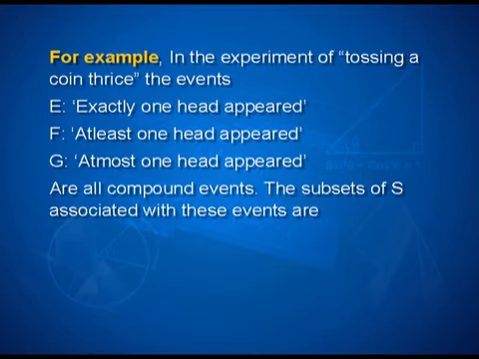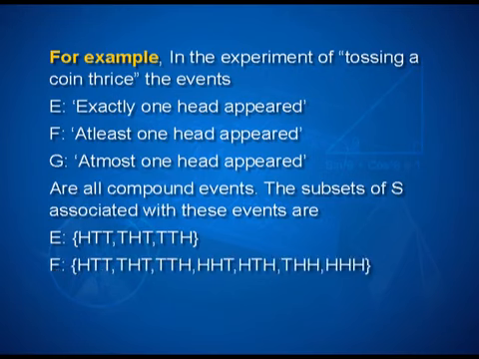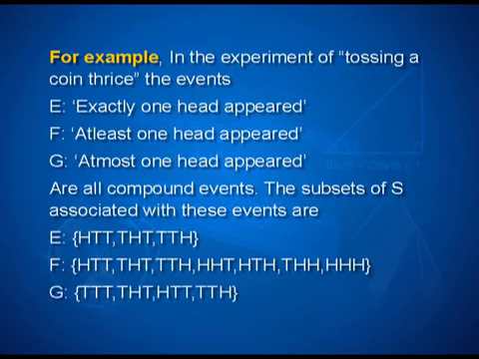The subsets of S associated with these events are E = {HTT, THT, TTH}, whereas F will be {HTT, THT, TTH, HHT, HTH, THH, HHH}, and set G will be {TTT, THT, HTT, TTH}.